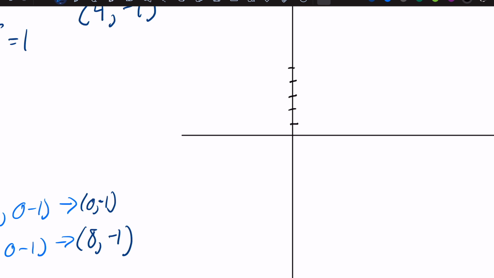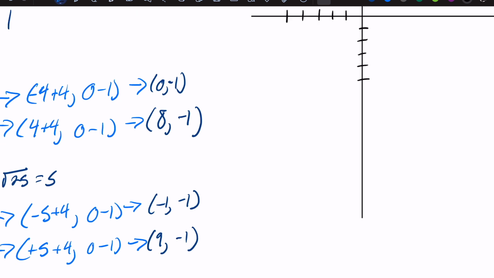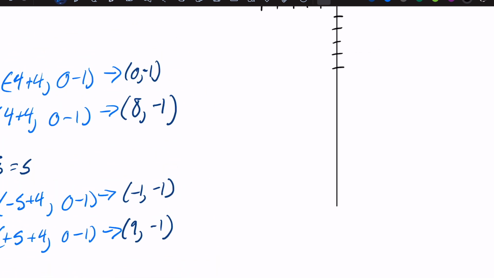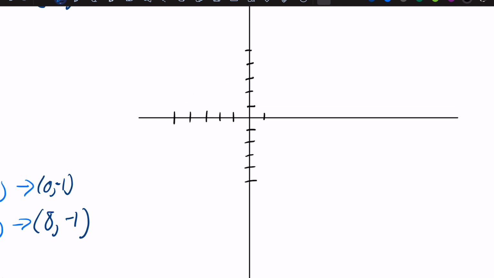I'm going to go down 1, 2, 3, 4, 5. I'm going to the left 1, 2, 3, 4, 5, sorry. And then I'm going to go to the right by 10 since I have points that will need to go that far. 1, 2, 3, 4, 5, 6, 7, 8, 9, 10.